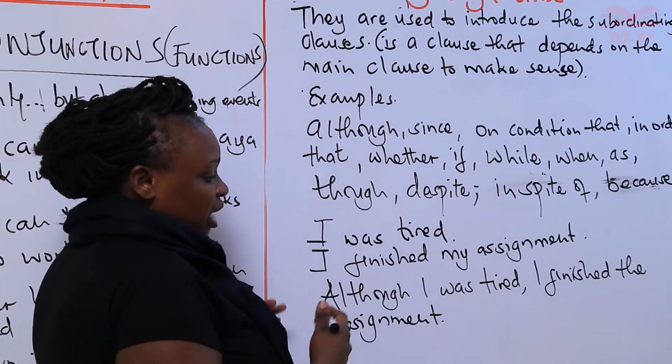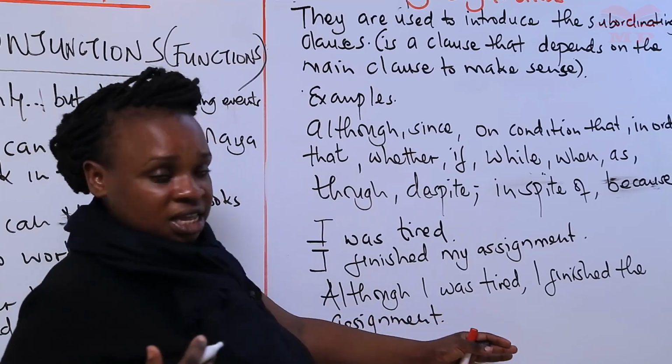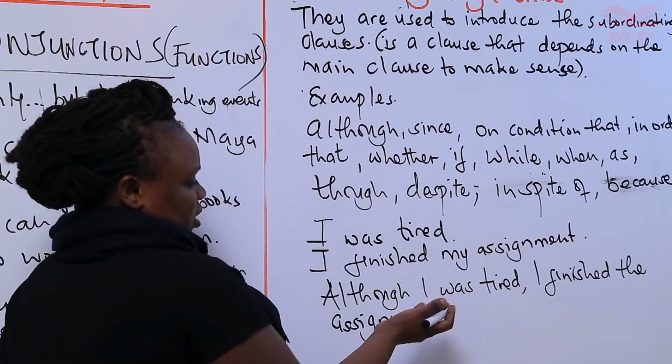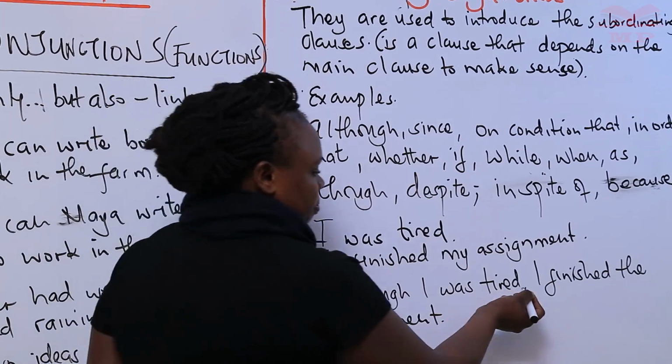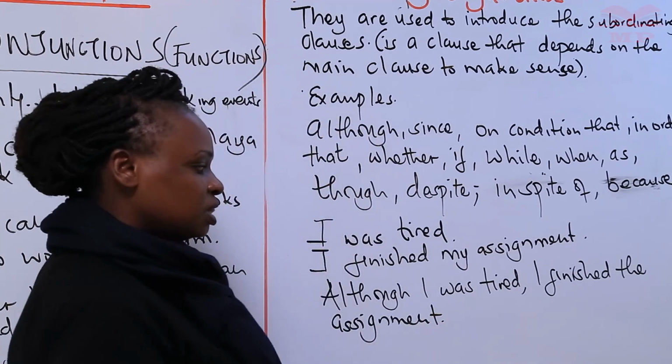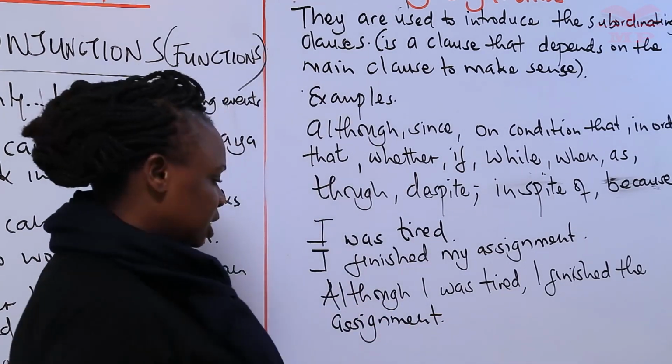Okay, and they can occur either at the beginning or at the end. Okay, this is called subordinating clauses. They can come at the beginning. When they come at the beginning, they are separated from the rest of the sentence by a comma, but when they come at the end, there is no comma needed.